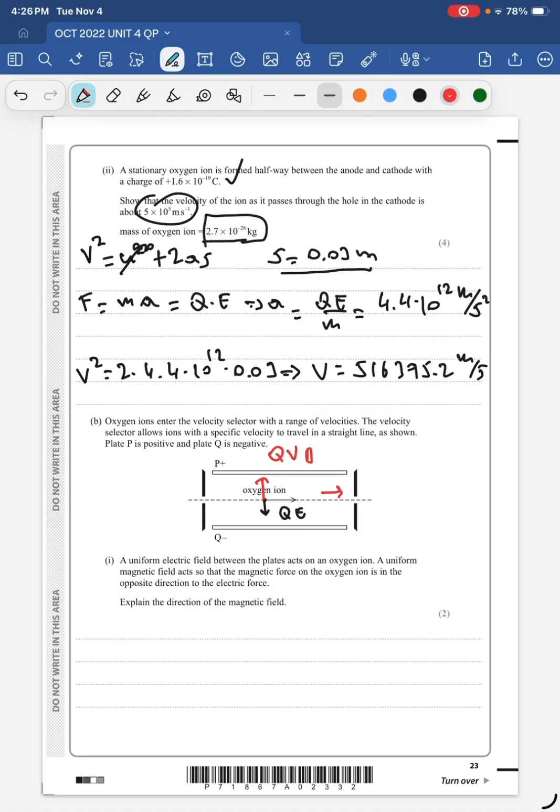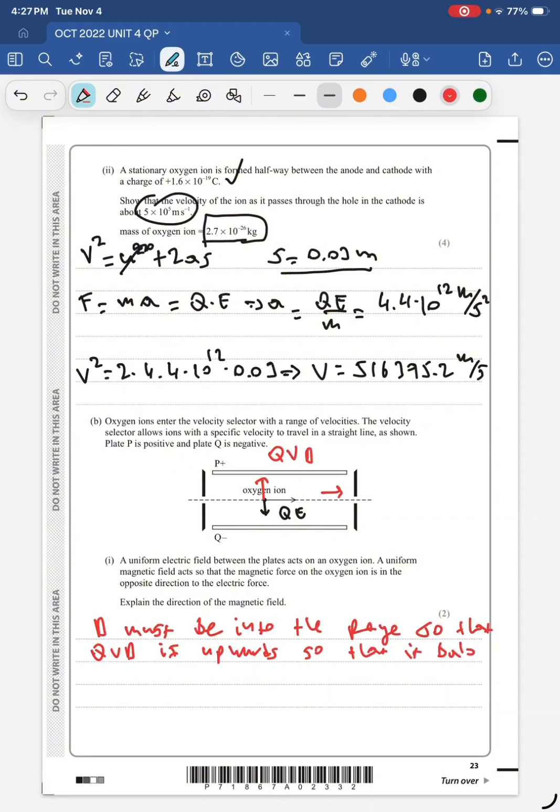So B must be into the page so that QVB is upwards, so that it balances Q times E. And you can write here Fleming's left hand rule.